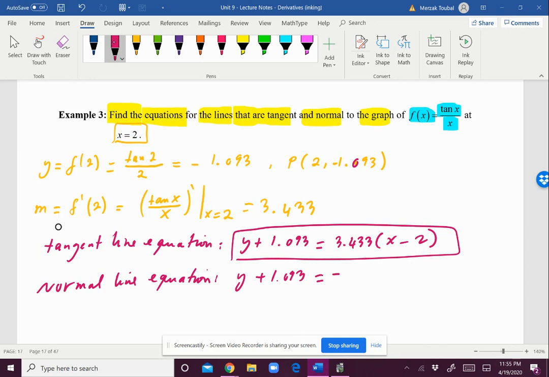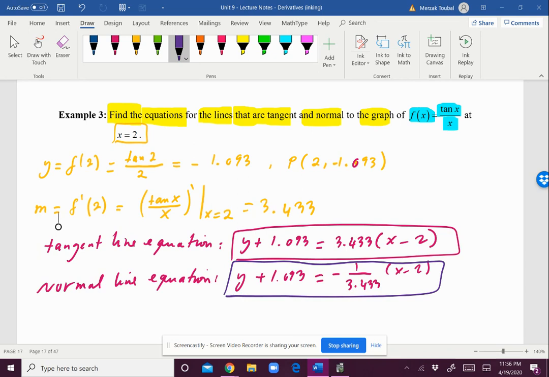So it's the negative reciprocal of the slope of the tangent line, which is negative 1 over 3.433, times x minus 2. And we can put this in a box. We can simplify if we want, but we just keep it this way.